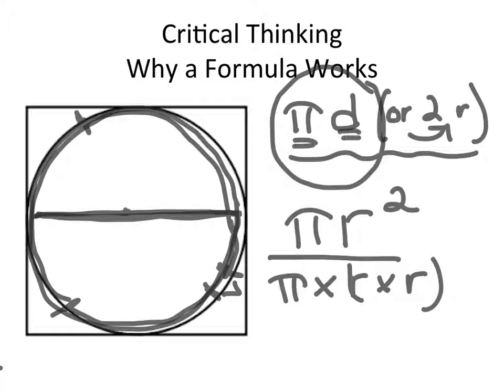So let's ask our students to look at the picture of a circle. And we have put a square outside the circle just to make it a little bit easier for this to be seen. So where is the radius of a circle? Well, there's one. We could have a radius almost anywhere in our circle as long as it goes from the center to the outside. So what does a radius squared look like?